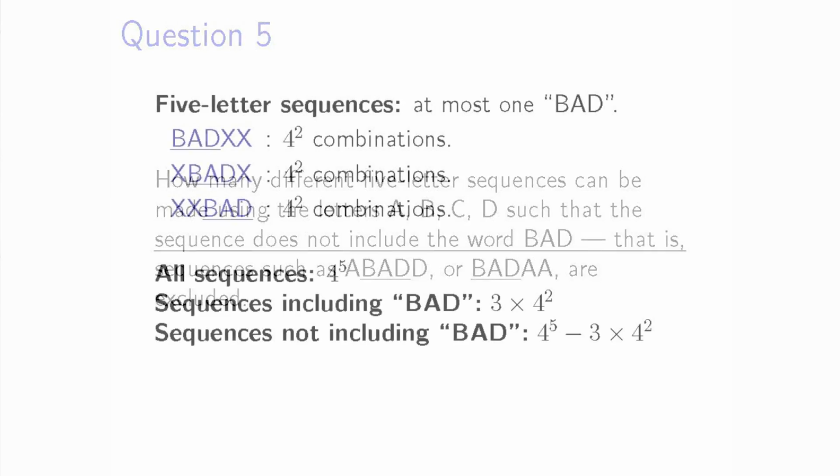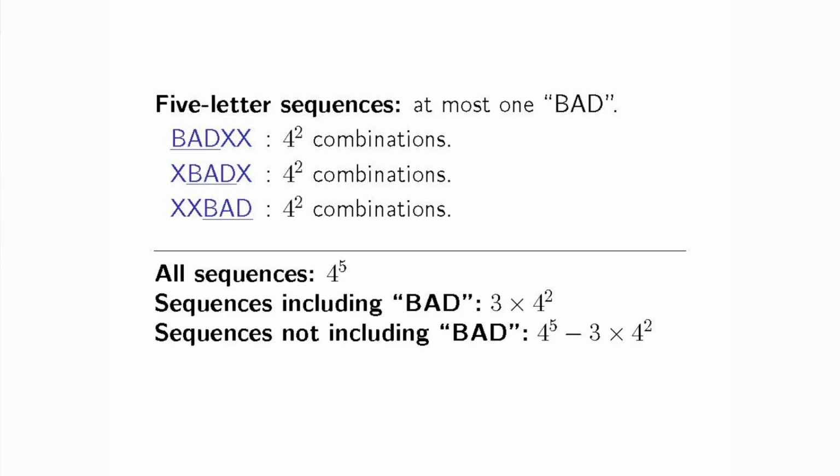The simple way to solve this is, first we find all the possible sequences, 4 to the power 5. And then we exclude those that include BAD.